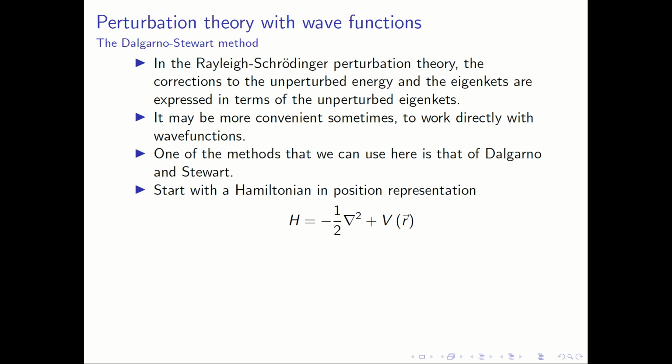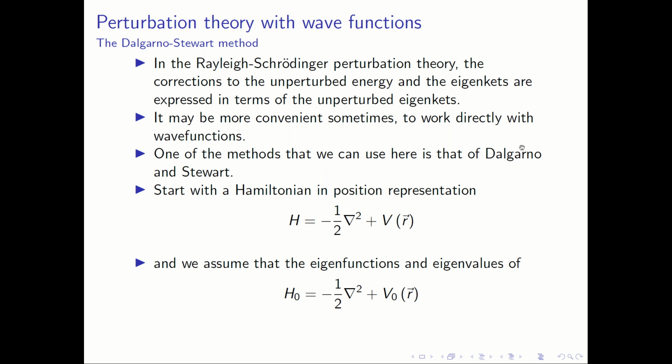As in standard perturbation theory, we have to assume that there is a related Hamiltonian H0 whose eigenfunctions and eigenvalues are exactly known, and this H0 is minus half Laplacian, the kinetic part, plus V0 of r, some potential which is close to the potential of the problem that we want to solve, but one for which the Schrödinger equation has been exactly solved.